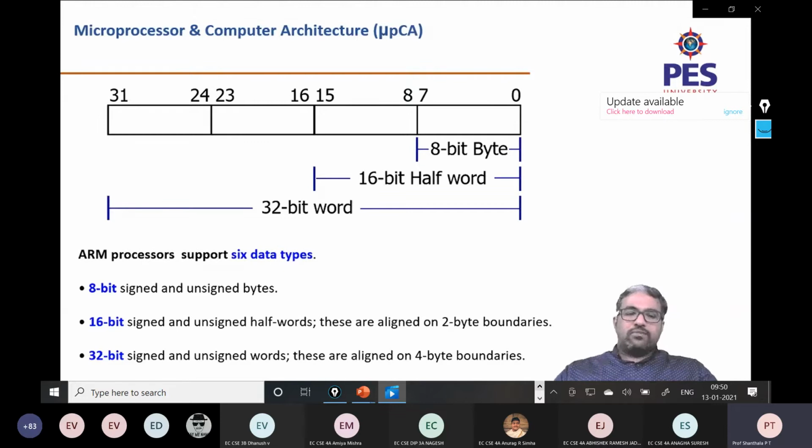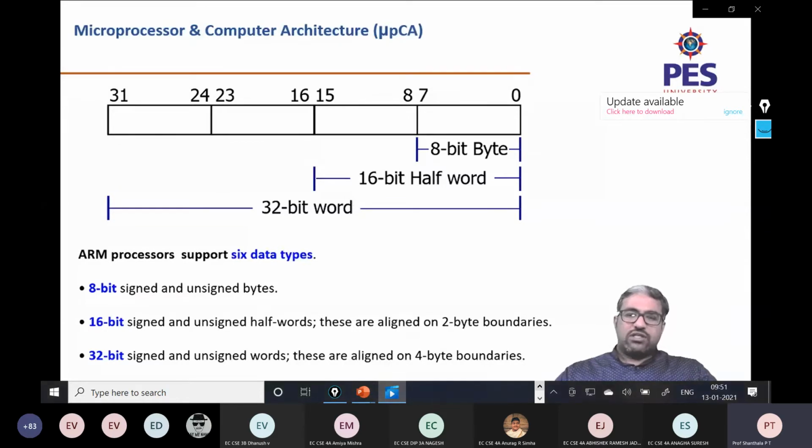Okay, so coming to the data types, the ARM processor has 6 data types. One is 8-bit, signed and unsigned. Two here, 8-bit data. Then you can have 16-bit data, that is half word, again it can be signed or unsigned.